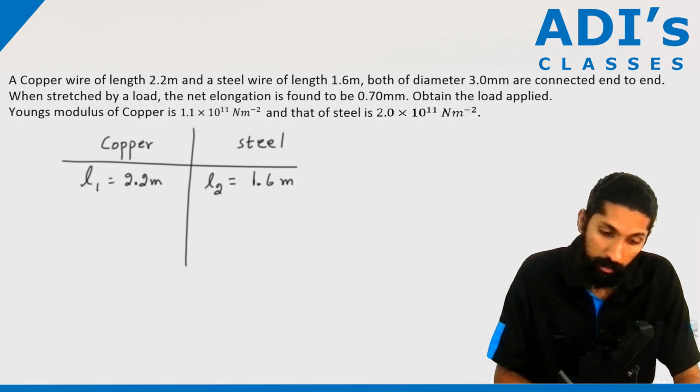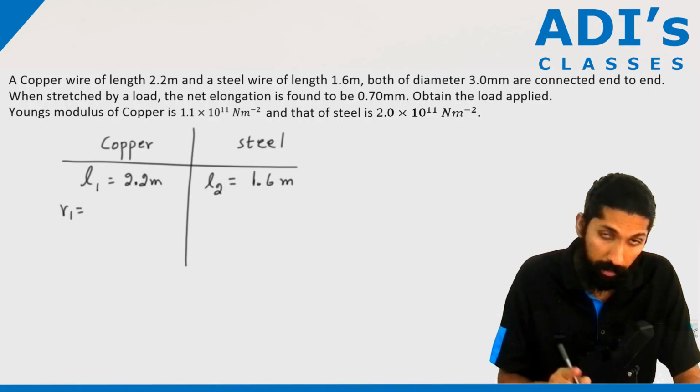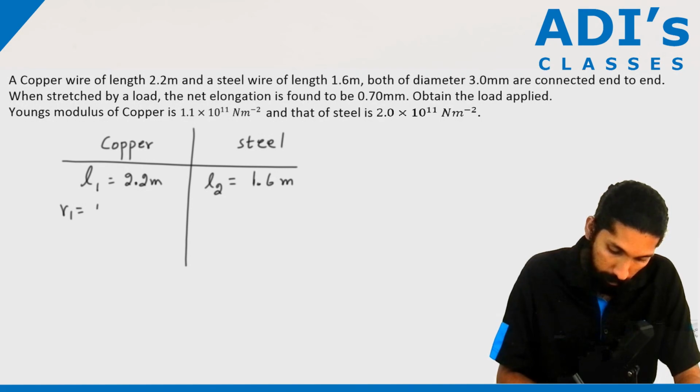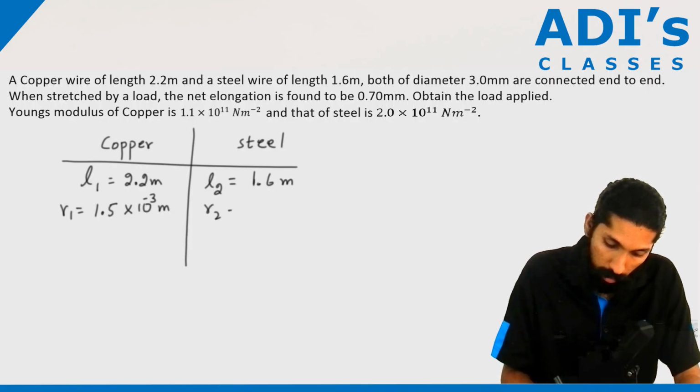Next, what else is given? The radius. R1 is equal to, diameter is 3, radius is 1.5 millimeter, so 1.5 into 10 to the power of minus 3 meter. Same way, R2 is also 1.5 into 10 to the power of minus 3 meter.